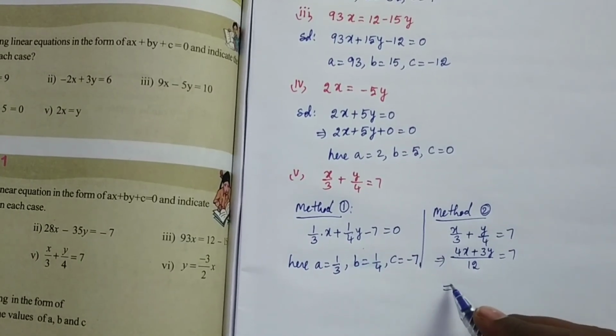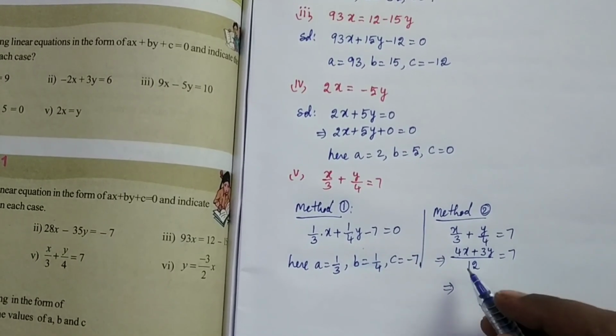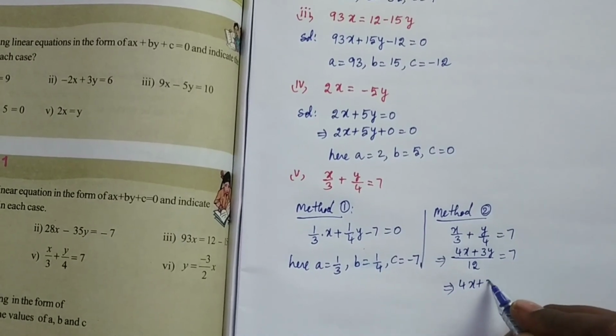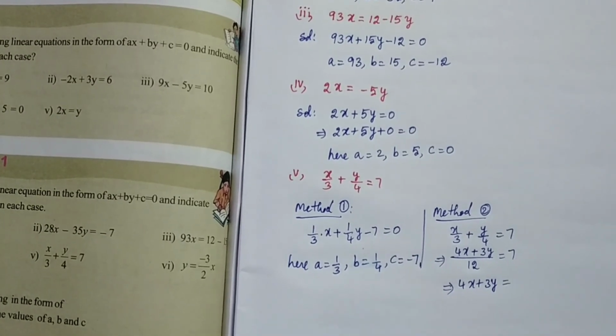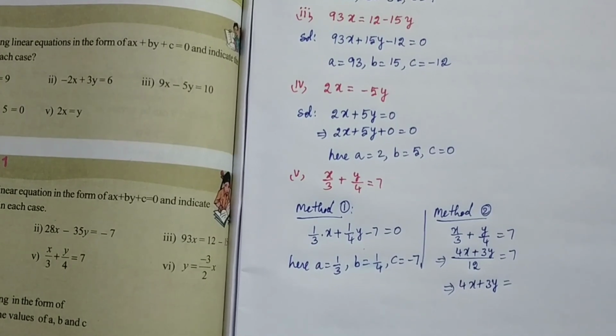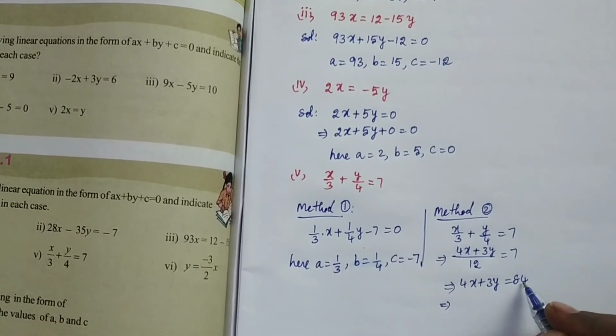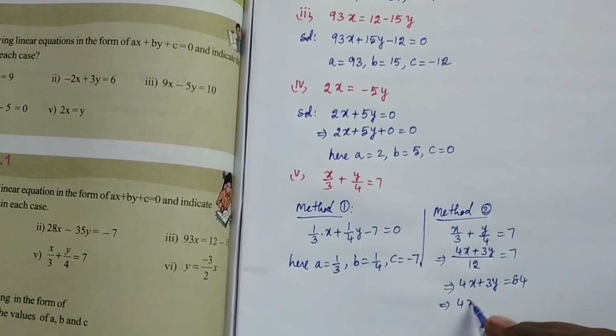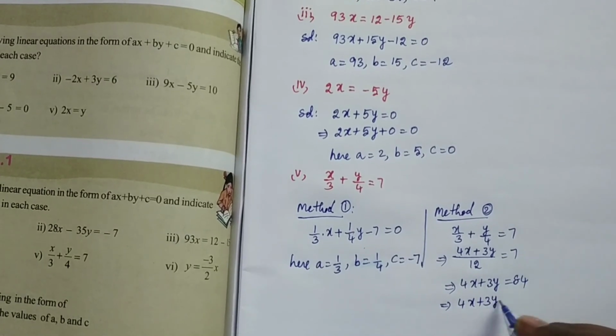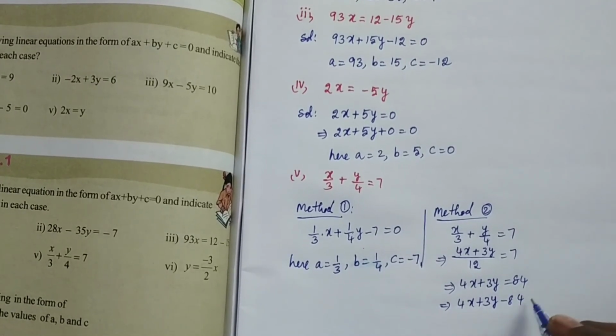Next, send 12 to that side, then it will multiply. 4x plus 3y is equal to 84. 12 sevens are 84. Now send 84 to this side, then it will be 4x plus 3y minus 84 is equal to 0.